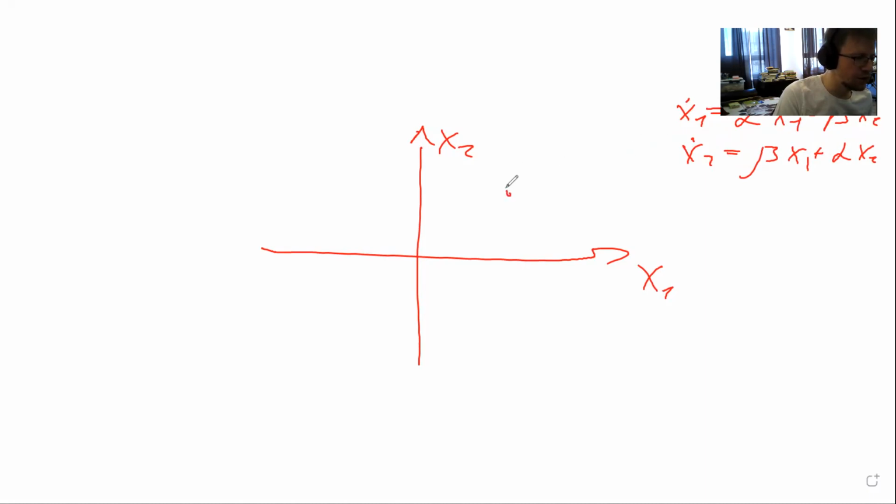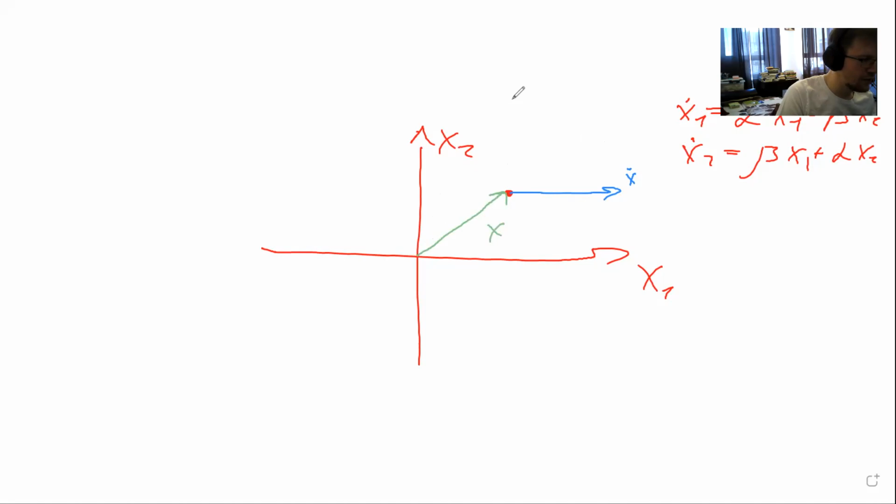So for any point here, you can find the value of x1 dot, x2 dot. So we can draw x dot as a vector. Let's say it points this way. That is x dot. So this is x, and this is x dot.